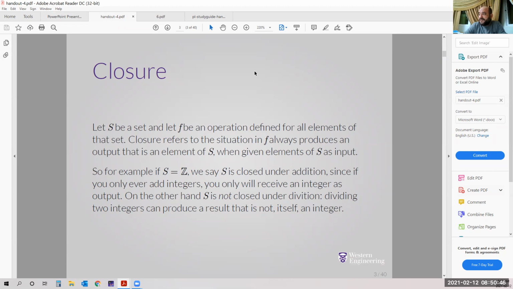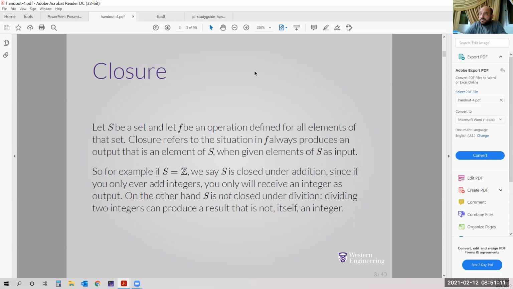For example, if S equals Z, the numeric set, we say S is closed under addition, since if you only ever add integers, you will only receive an integer as an output. On the other hand, S is not closed under division because we might have a floating point number when we divide any two numbers of Z.